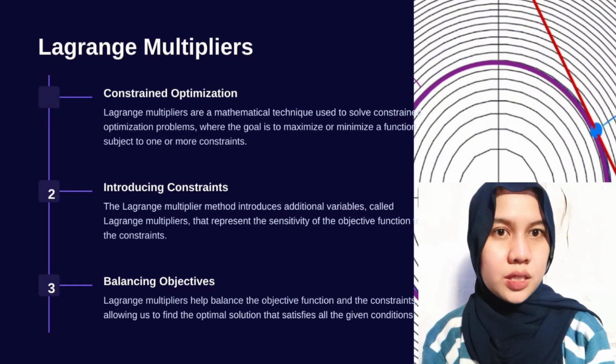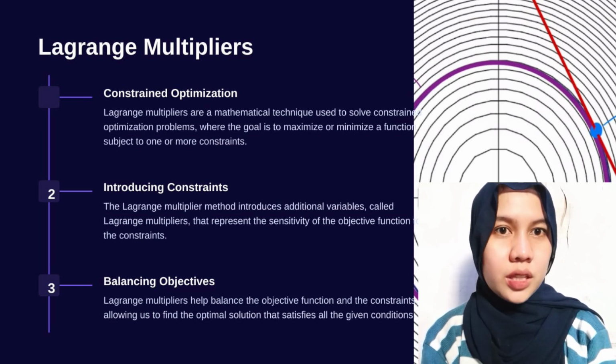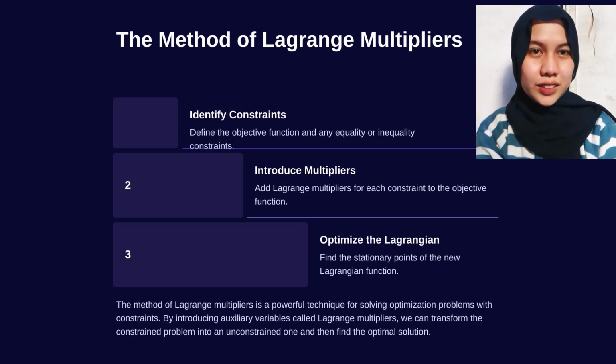3. Balancing objectives. Lagrange multipliers help balance the objective function and the constraint, allowing us to find the optimal solution that satisfies all the given conditions. The method of Lagrange multipliers. 1. Identify constraints.